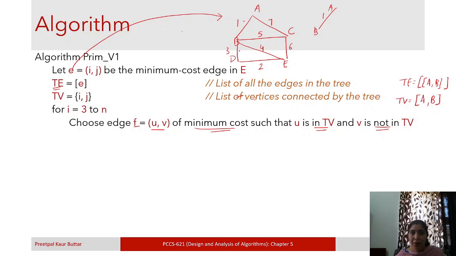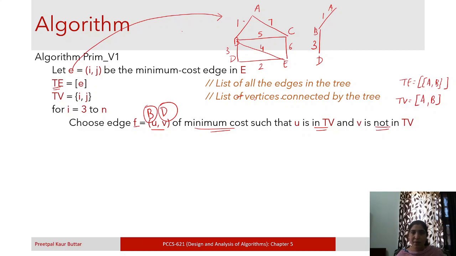So here we find that it can be D, this vertex, right? So U can be B and V can be D, such that B is in TV and D is not in TV, and this is of the minimum cost among all the edges which are connecting this tree to other vertices, right?